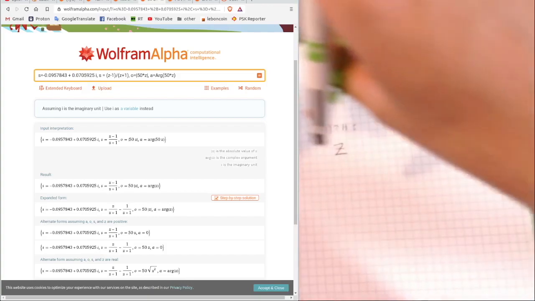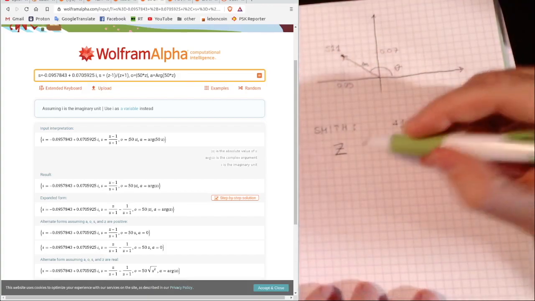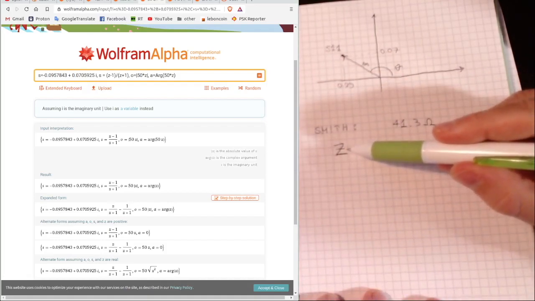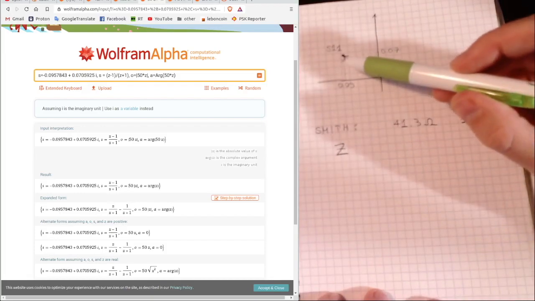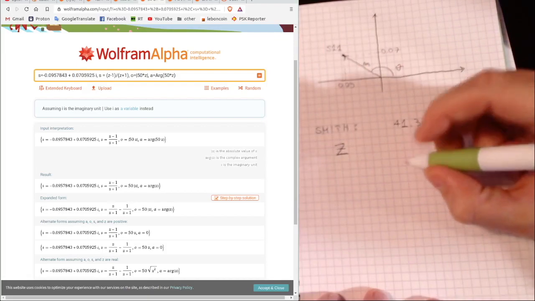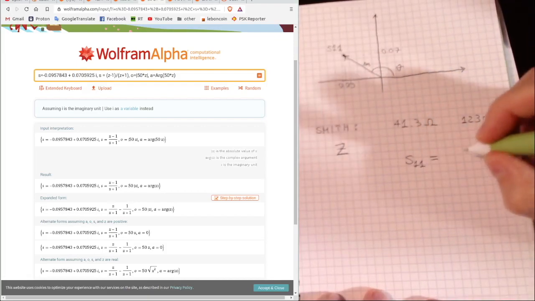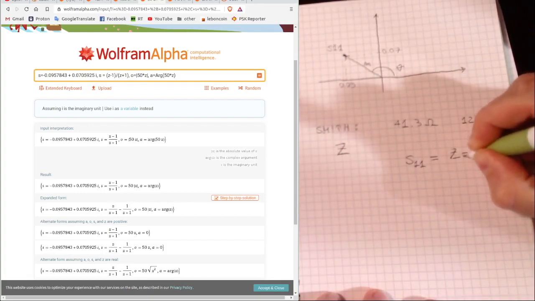There is a direct relationship between this complex impedance Z and the value S11, and it is expressed by this equation. Let me write it.